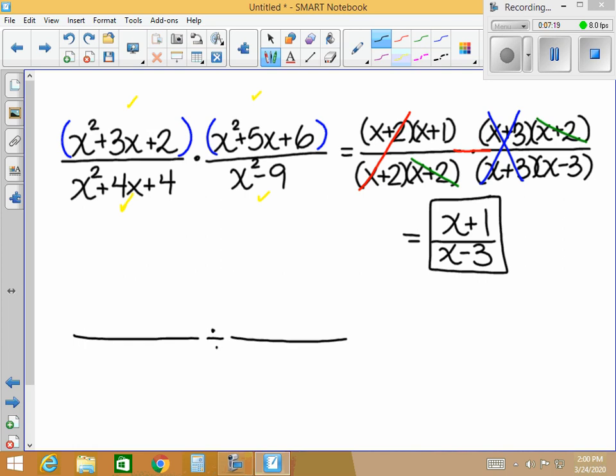If we have a divided by sign here instead, maybe I have x squared minus 2x minus 8 divided by x squared minus 5x plus 4.